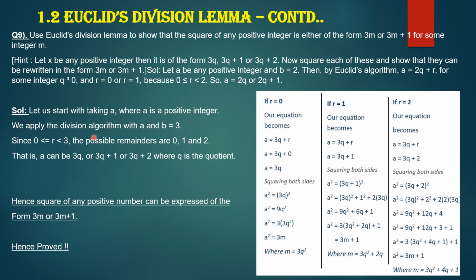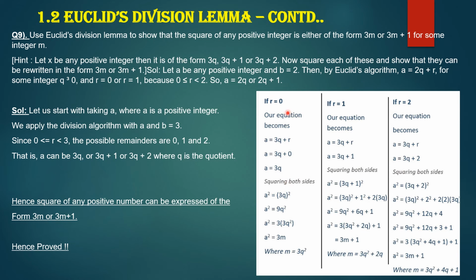We represent it as a equals 3q plus r, where r becomes 0, 1, 2. So we can represent a as 3q, 3q plus 1, 3q plus 2, where q is the quotient.